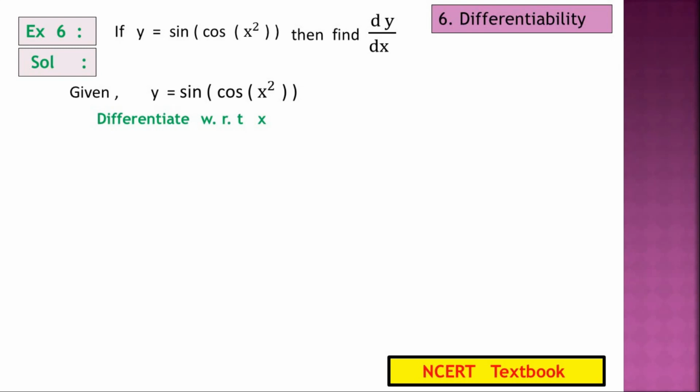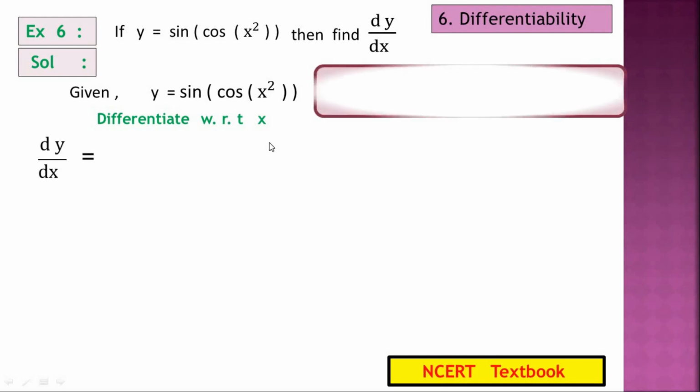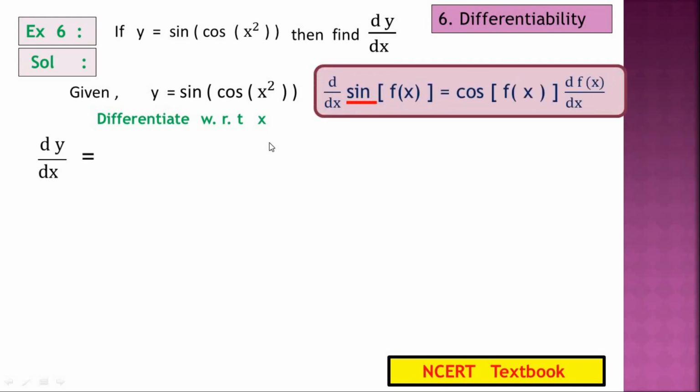First write dy by dx on the left side. You know the derivative for sine: it is given by cos and the composite variable as it is. See, the composite variable cos of x square as it is, into d by dx of the composite variable cos of x square.